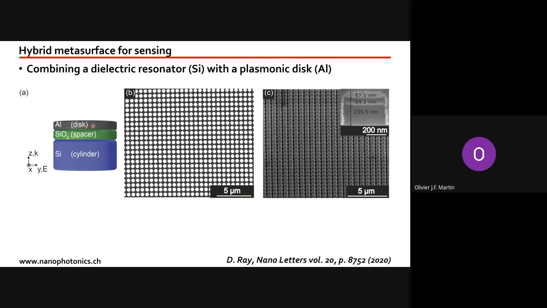You see that since the aluminum disc has been used as a mask for the etching, it gets a tiny bit damaged. You see here the rounded edges of the aluminum disc, but nonetheless, this still keeps its good plasmonic properties. Here you see the glass, and here you see the silicon.